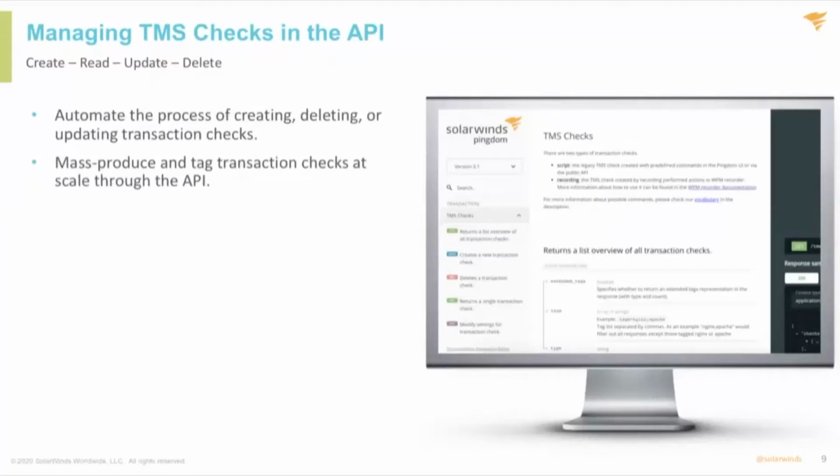So you can mass produce and tag these transaction checks. And again, as I said, CRUD functionality, so that's automating the process of creating, deleting, or updating these transaction checks. And we're continuing to enhance our 3.1 version of the API, so please keep your eye out for more updates on that in the future.